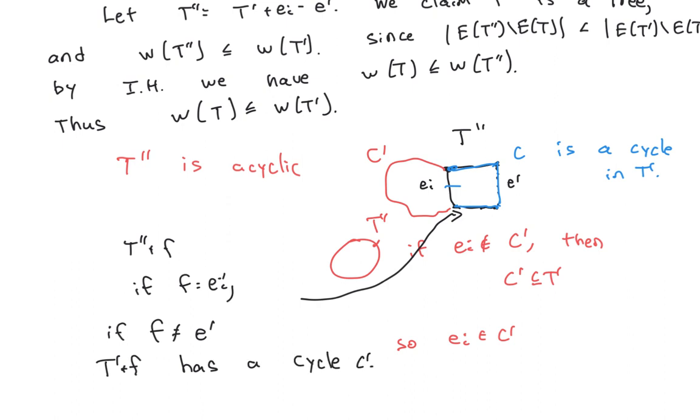And again, if that cycle does not involve either of these two edges, then it's a cycle in T double prime as well. If it has that edge, then you just do the same trick where you add the other half of the cycle on, and now you'll create a cycle in T double prime. So this tells you that T double prime is maximally acyclic and therefore a tree.